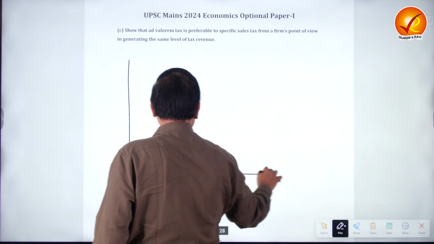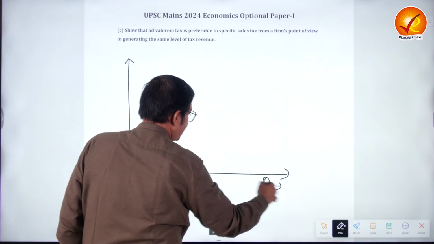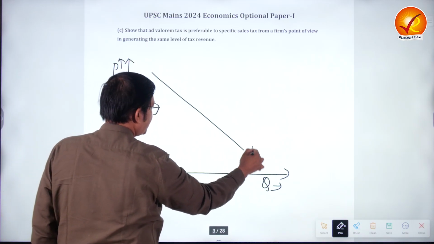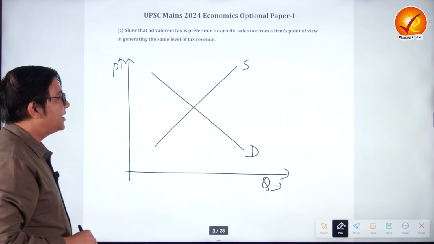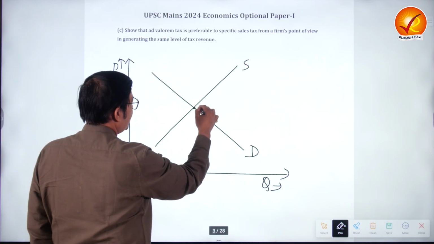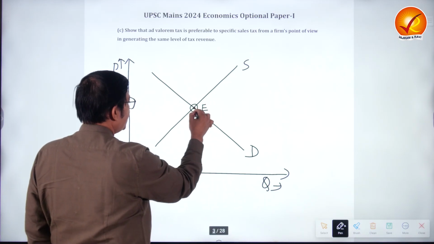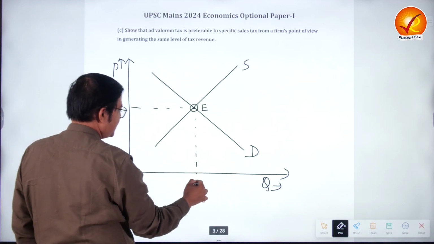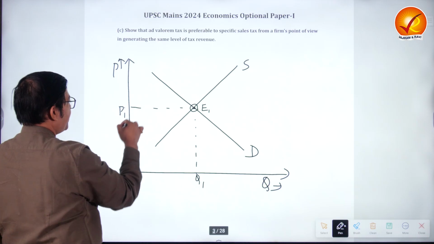So what you can do is talk about a standard demand and supply curve. Okay, downward sloping demand, upward sloping supply curve, equilibrium, let's say given by E1, and then accordingly the quantity and price, let's say Q1, P1.